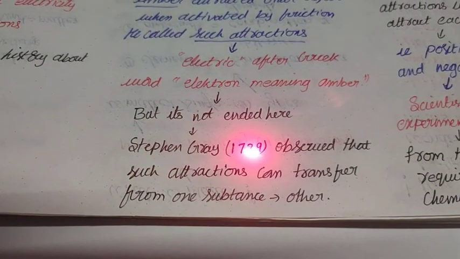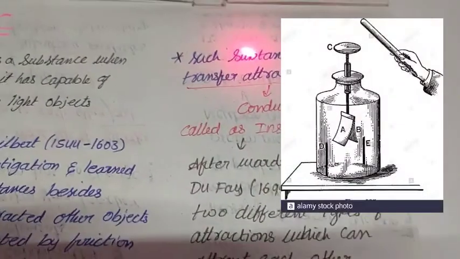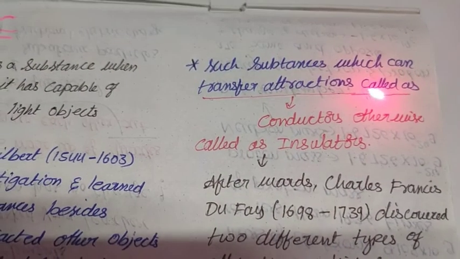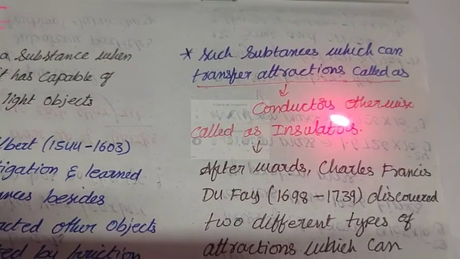Stephen Gray, in 1729, observed that some attractions can transfer from one substance to another. Such substances which can transfer attractions are called conductors. As we know, we have studied conductors well.